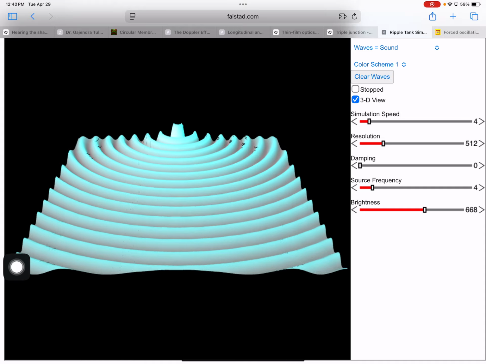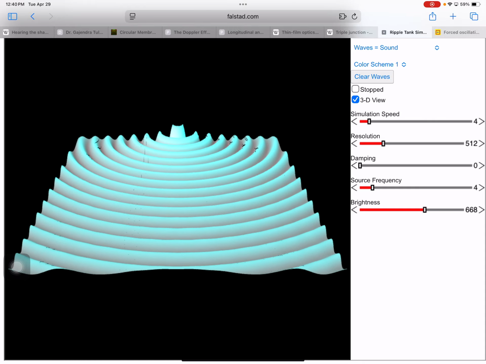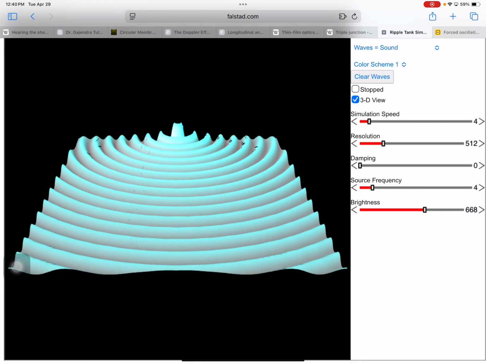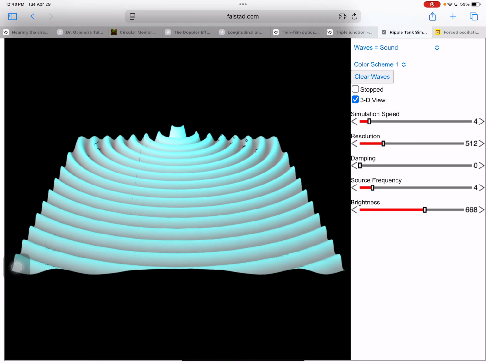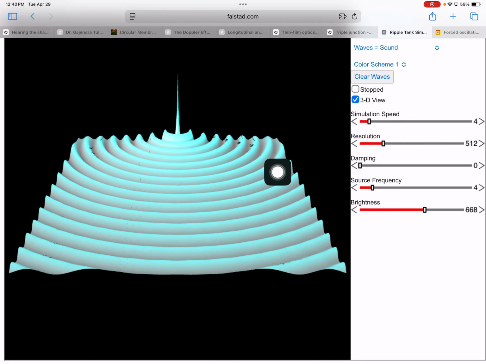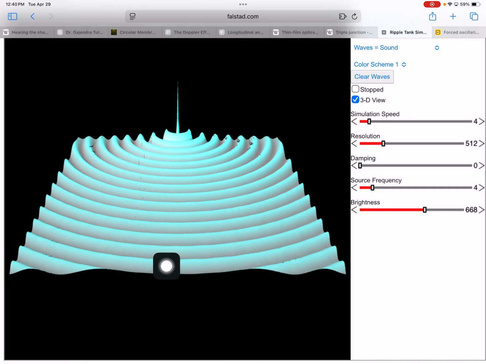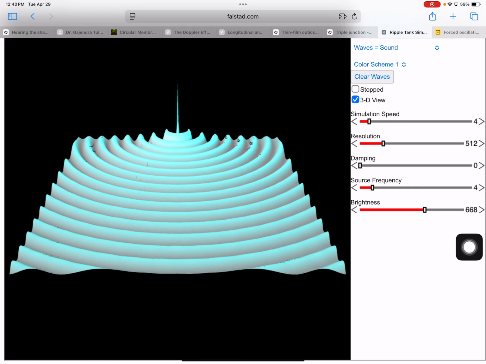If you have a point source, like the sun, the sun is not a point source, but if you're far enough, it creates spherical wavefronts. These are circular wavefronts. When the circle becomes very large, you can see that these look like plane wavefronts. That's what happens in the ocean.